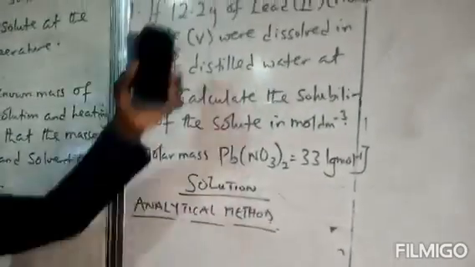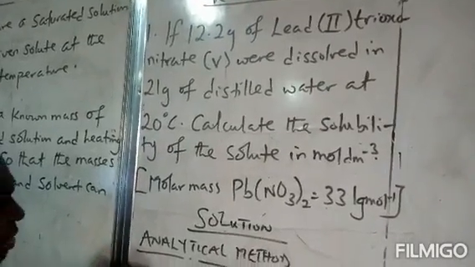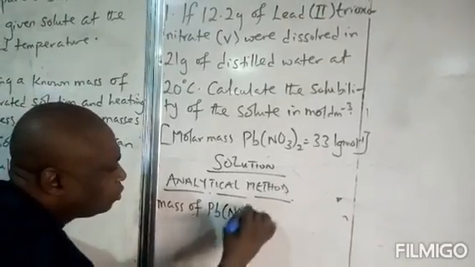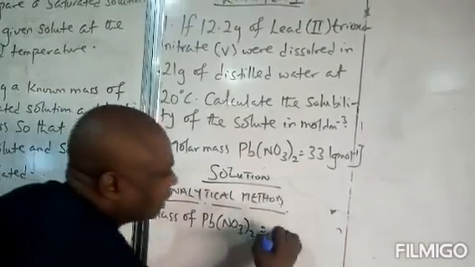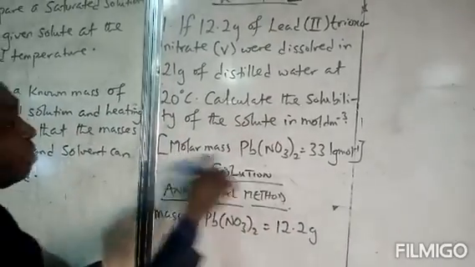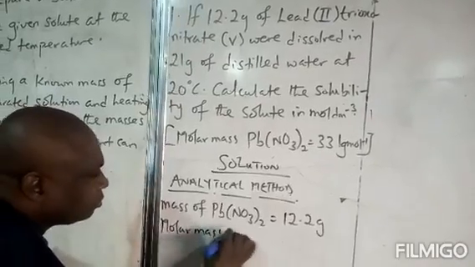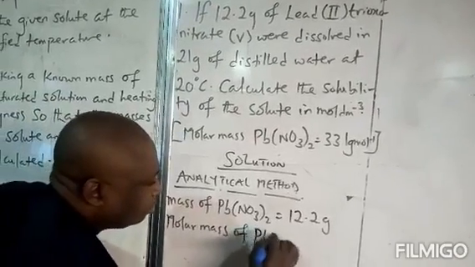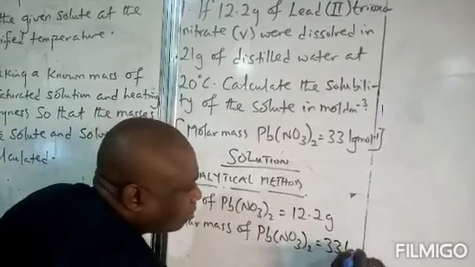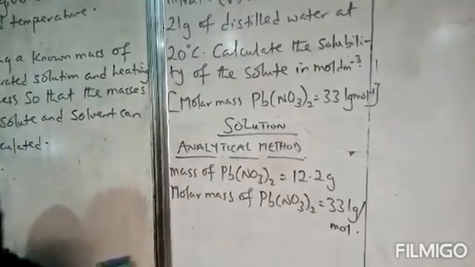If we look at the question above, the first thing we need to do is to write out our parameters. We have mass of Pb(NO3)2, given in the question as 12.2 grams. The molar mass given is 331 grams per mole.